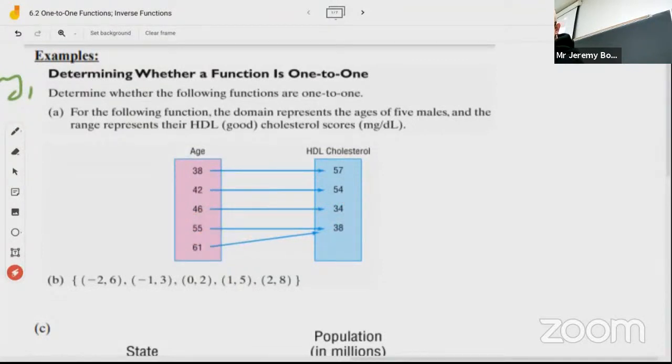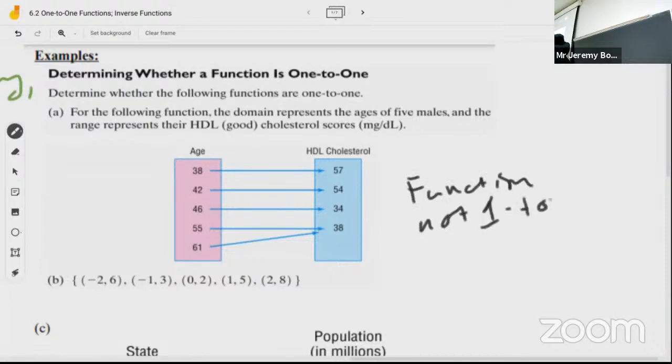It's a function, but not a one-to-one function. Why is it not one-to-one? These two are mapped to the same output. So each x does not have a unique output. So yes, this is a function, but it's not one-to-one. Any questions on that?